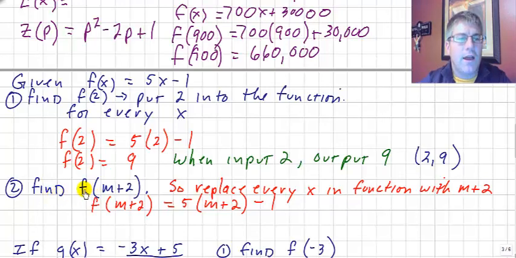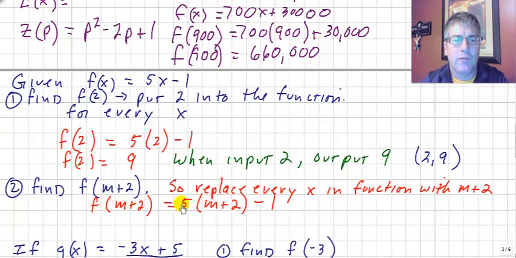You could also find f of m plus 2. So we have our same function. Our f function is the 5x minus 1 function, where we take our input, we multiply it times 5, and we subtract 1. That's what that function does. So now we're going to find f of m plus 2. So we want to replace every x in the function with m plus 2.